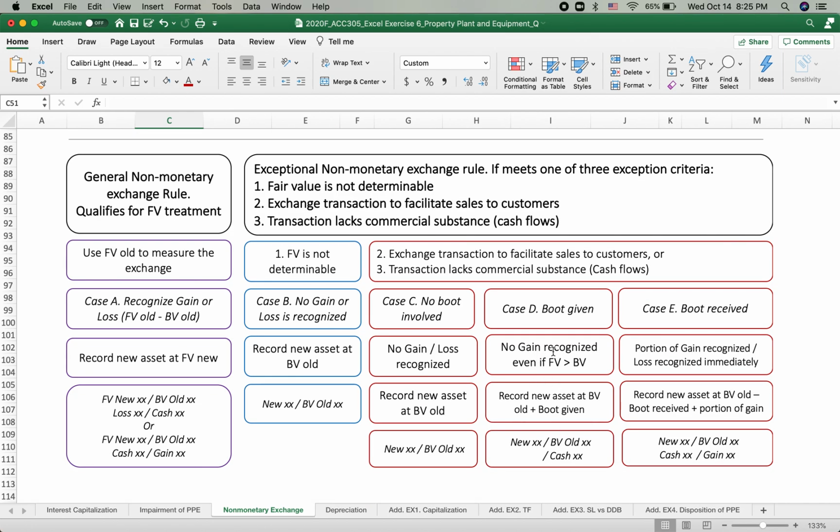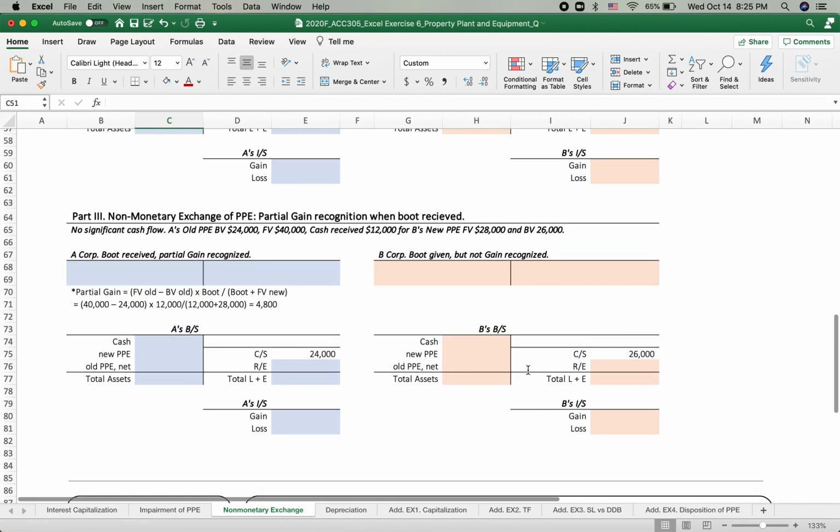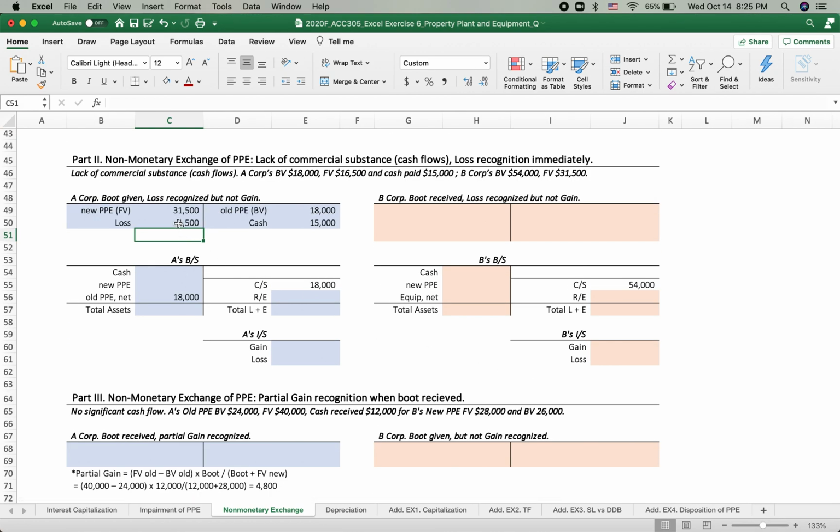Case: no gain recognized even if fair value is greater than the book value, and record the new asset at the book value, old plus boot given. Then we recognize loss immediately. Now let's put this journal entry. Let's post here cash out, and then all the PP&E should be removed. Then new PP&E, the value of new PP&E is 31,500.